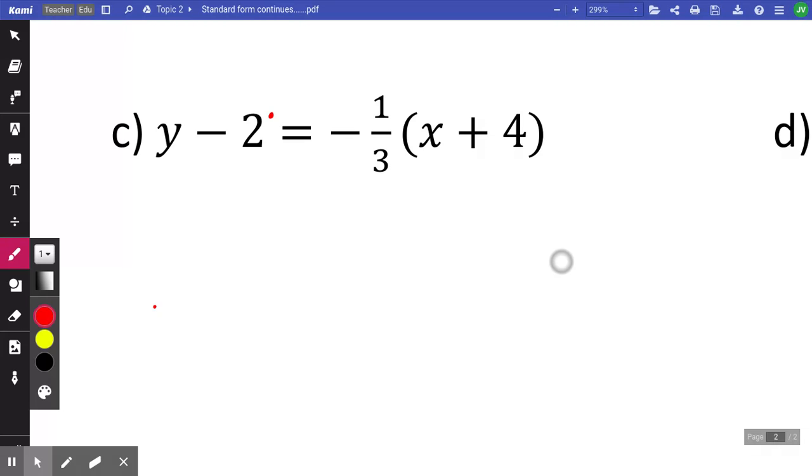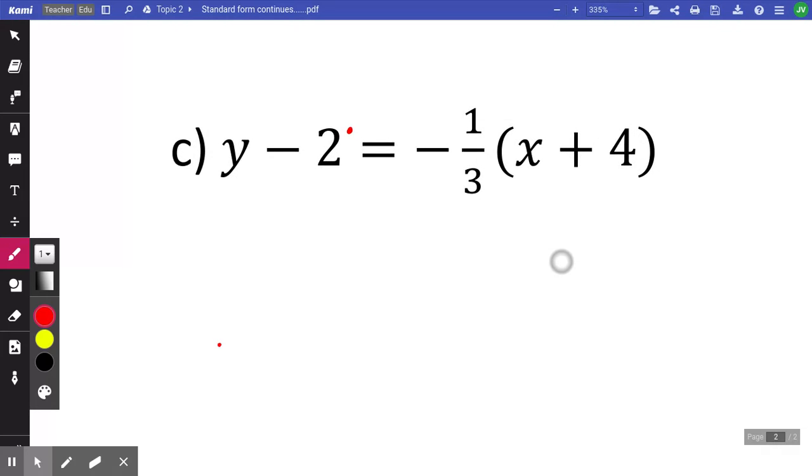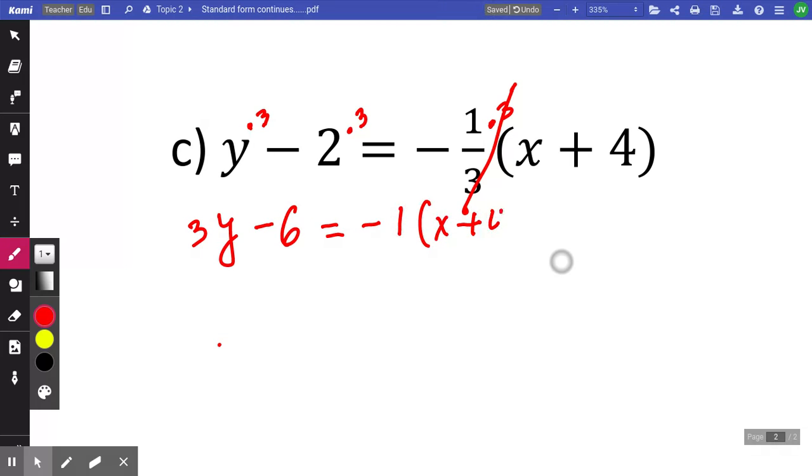It has to be a positive integer. So I multiply this 1/3 by 3, and I have to do the same thing to each term on the other side. So I have 3y minus 6 equals negative 1 times x plus 4.